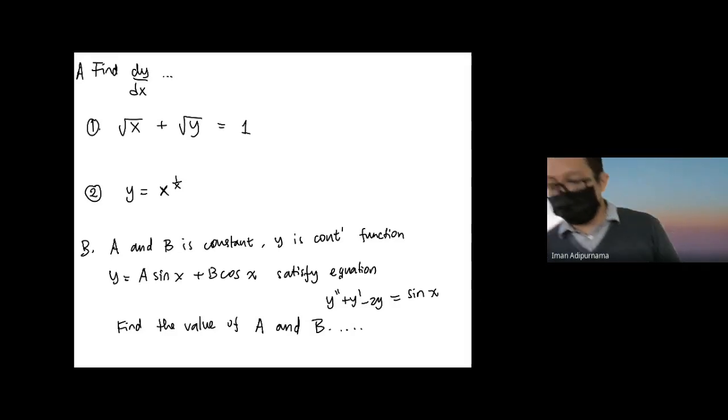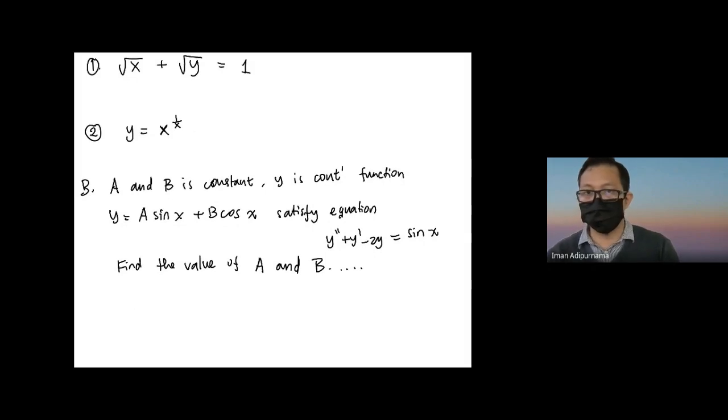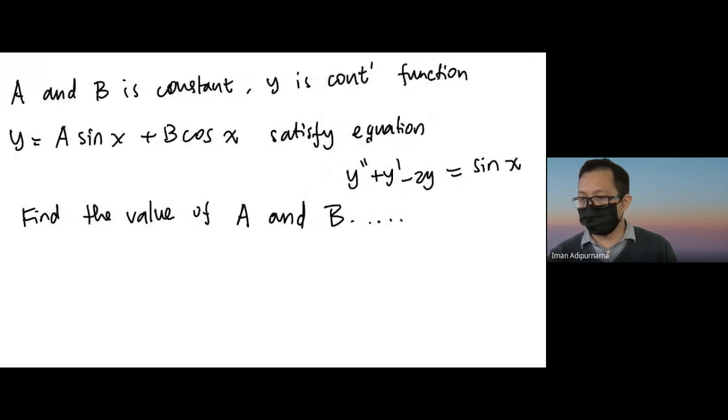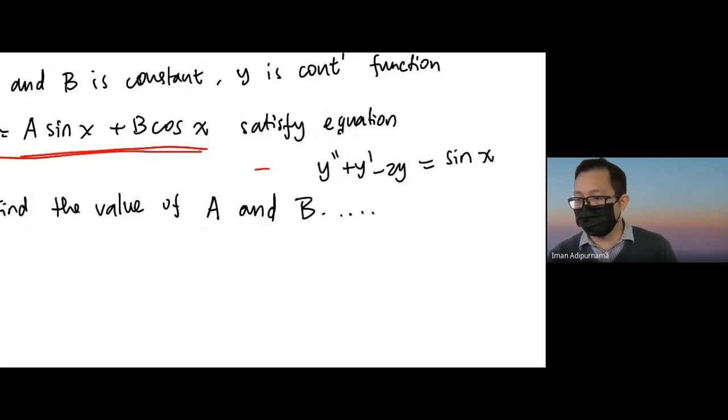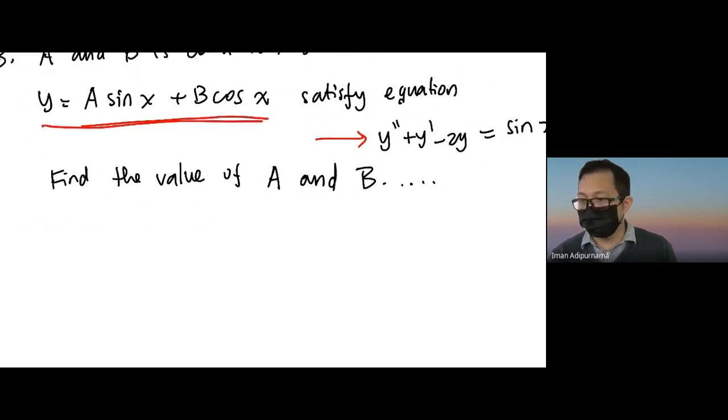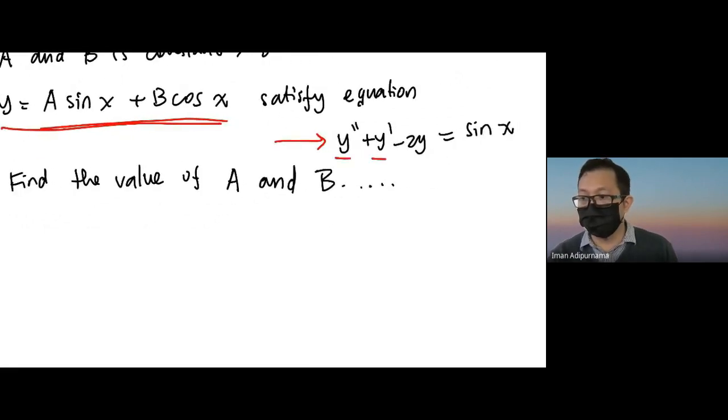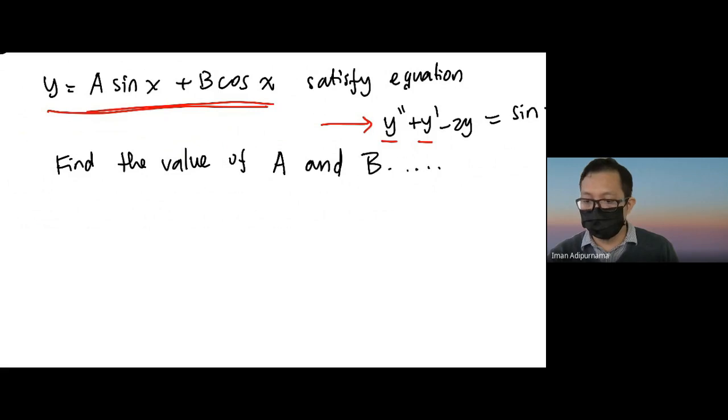Now the last one, number B, is basically you need to first look at the question. This is y, right? It has a sine x, b cosine x, and this is the equation you observe. So you need to have y double prime and y prime. So first, try to look for y prime.